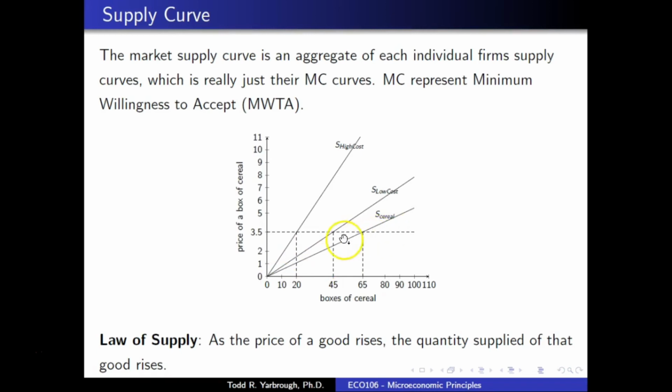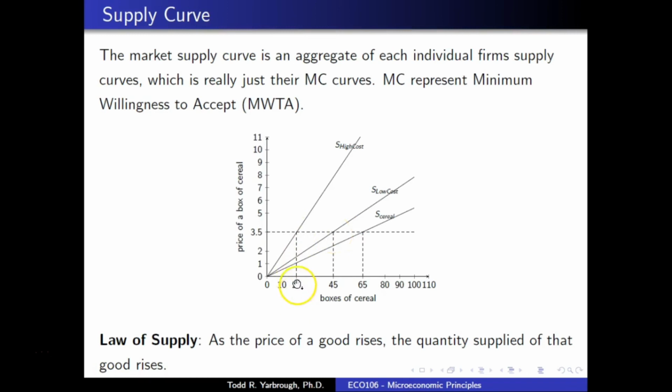The market supply curve is simply an aggregate of the individual supply curves, just like we saw previously with the demand curve, right? We have two different types of firms represented in this particular market, high-cost firms and low-cost firms. You'll notice that high-cost firms require higher prices relative to their quantity levels than do the low-cost firms, right?